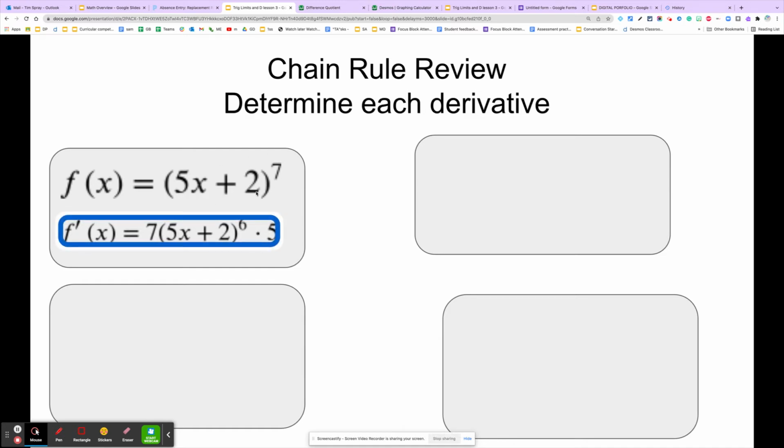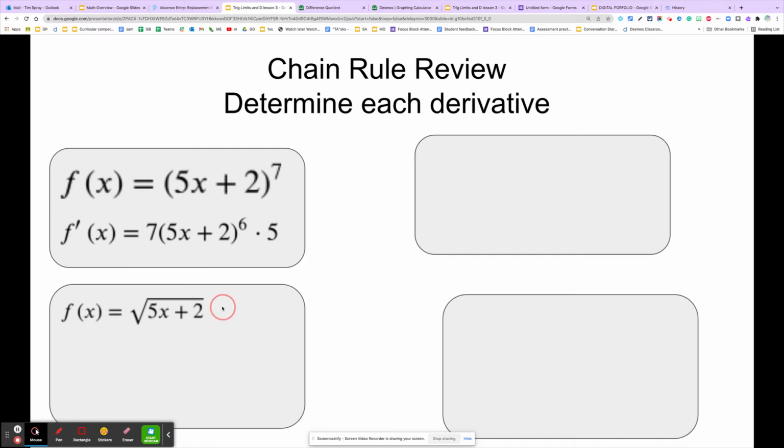That's why we call it the chain rule. The 7 comes down to the power of 6, then the derivative of 5x plus 2 is 5, and we'd simplify it from there to make it 35 bracket and so on. Same thing here. We'd turn that into 5x plus 2 to the power of 1/2. We bring down the 1/2, subtract 1 from the exponent, and then again multiply by 5.